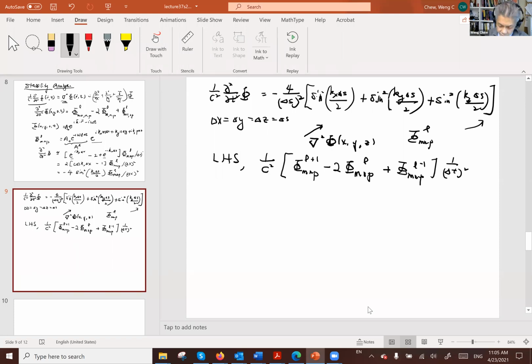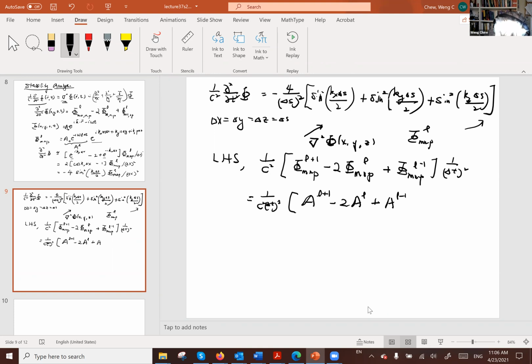Then the left-hand side just becomes 1 over c squared delta t squared. And using the notation for the amplitude, I have a_{l+1} minus 2 a_l plus a_{l-1}.